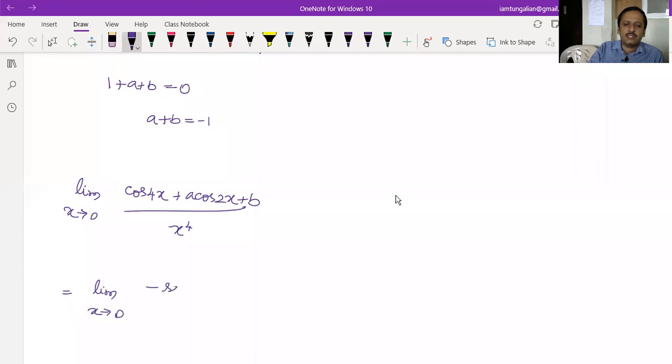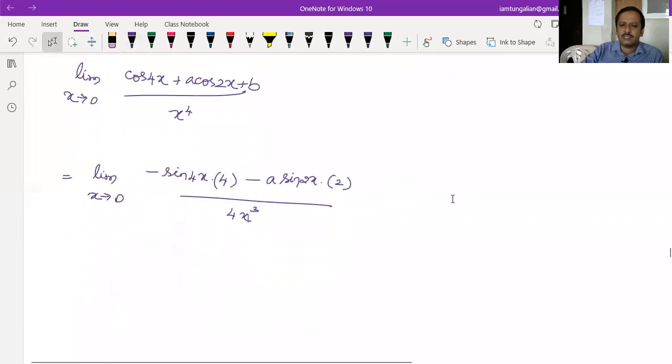Derivative of cos 4x is minus sin 4x into 4, minus a sin 2x into 2, divided by 4x cube. Now, if I apply the limit, sin 4x is 0, sin 2x is 0, denominator also 0. 0 by 0, again you use L'Hospital's rule.